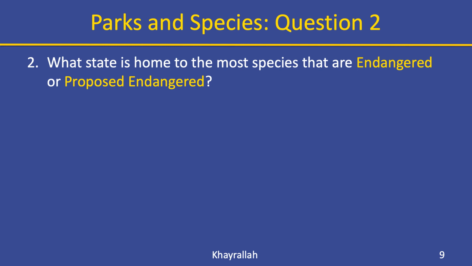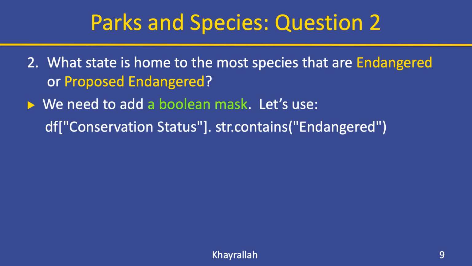We know how to use a Boolean mask to select rows from a data frame. We've also seen how to use the string contains method in our Boolean mask. So here, because we don't have a specific value, we have to account for endangered or proposed endangered. String contains endangered sounds like a good choice.